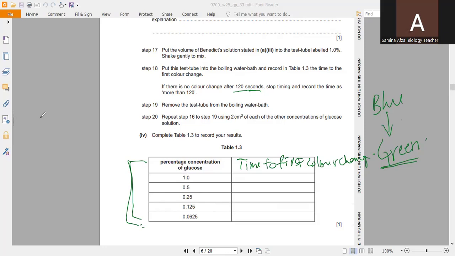You will write that time over here after observing it when you are performing this experiment in the lab during your exams. So you will write all those timings accurately. And if you are able to write the correct timings for the time to first color change for all these concentrations, then you will be able to get 1 mark.